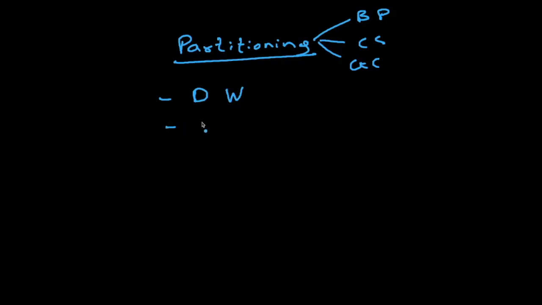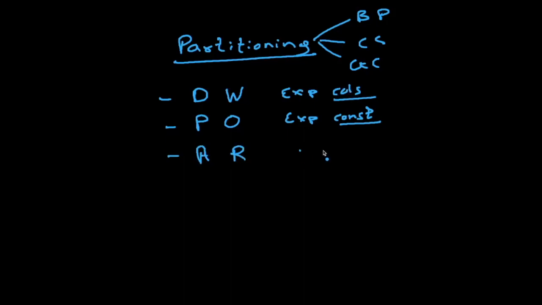The second one was the partitioning orbitope. Dantzig-Wolfe has an exponential number of columns, and the orbitope has an exponential number of constraints. Of course, we don't add all of those constraints at the beginning, we generate them on demand. Here also we don't add all of these columns at the beginning, we generate them using column generation. And the last one was asymmetric representations, which has neither exponential columns nor exponential constraints. These are the three different ways of breaking symmetries in the set partitioning problem.